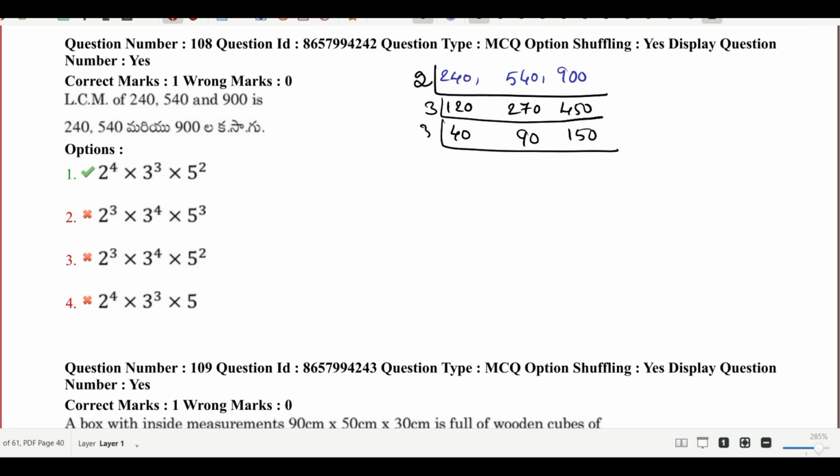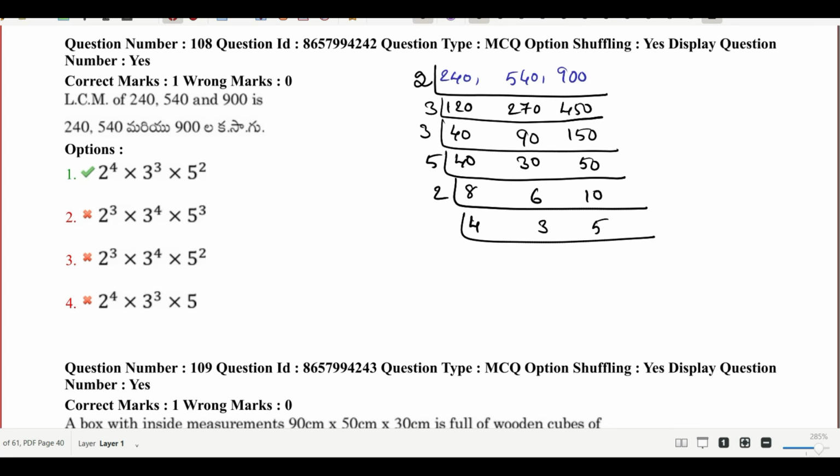In the 3 table you won't get 40, so you can write it as is. 3 3s, 3 50s, again you can go with the 5 table: 5 8s, 5 6, 5 10s. Now go ahead with the 2 table: 2 4s, 2 3s, 2 5s, again the 2 table: 2 2s, 3s, 5s.